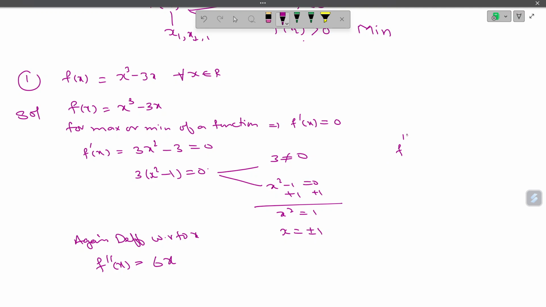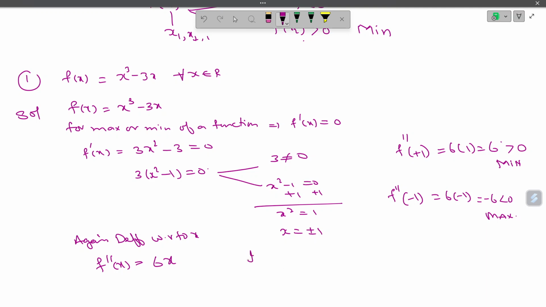Now, f double dash of plus 1: 6 into plus 1 is 6, greater than 0, minimum value. Now, f double dash of minus 1: 6 into minus 1 is minus 6, less than 0, maximum value.